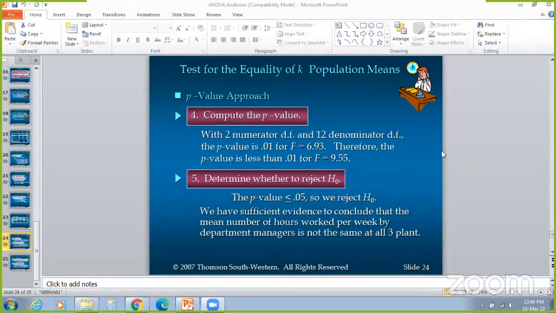Sir, excuse me, sir. Your screen is not visible, sir. Okay, probably I have to share first. Now it is visible, sir. Oh, no, it is the old one.